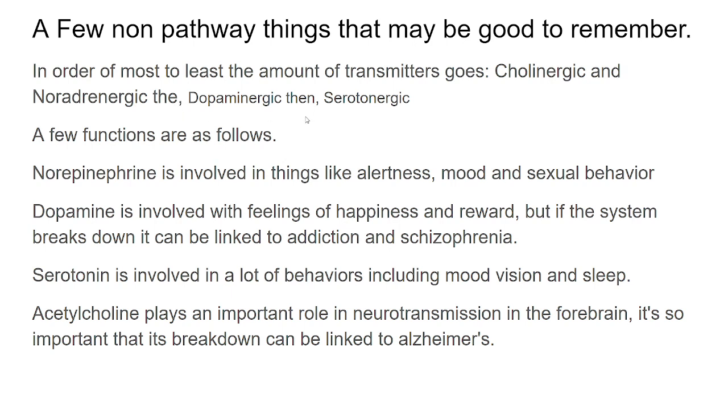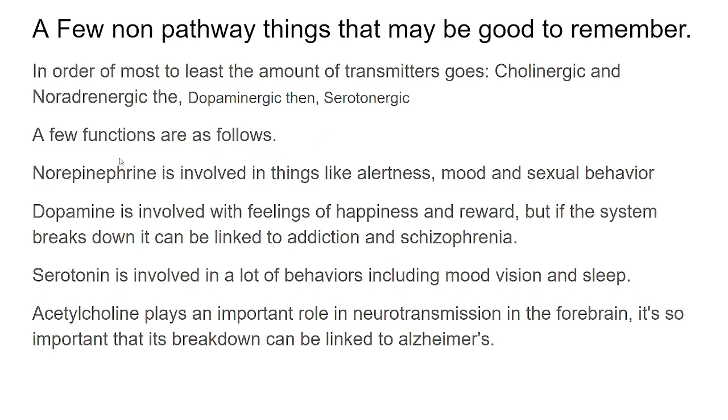Then it's the dopaminergic, and then the serotonergic. That's important to know because dopamine and serotonin are both really important to your brain, but you have fewer neurons in these pathways. So damage to these can be really harmful, and it's important to know that there's not as many of them, but they have so many connections.